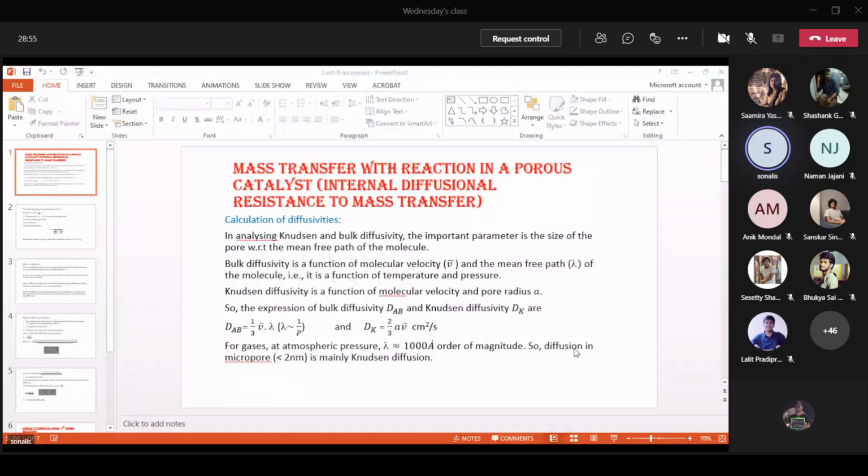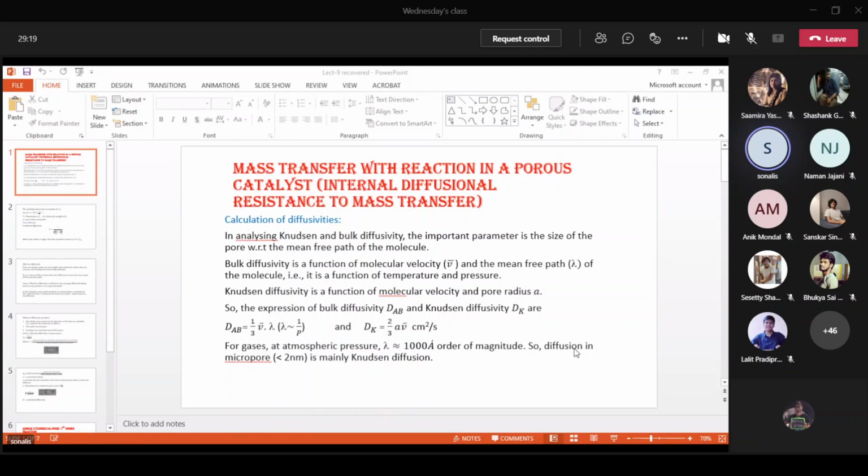This is another mass transfer step, which is called internal diffusion or pore diffusion. While doing this diffusion, the reactant molecules will face resistance when trying to go inside the pore surface.